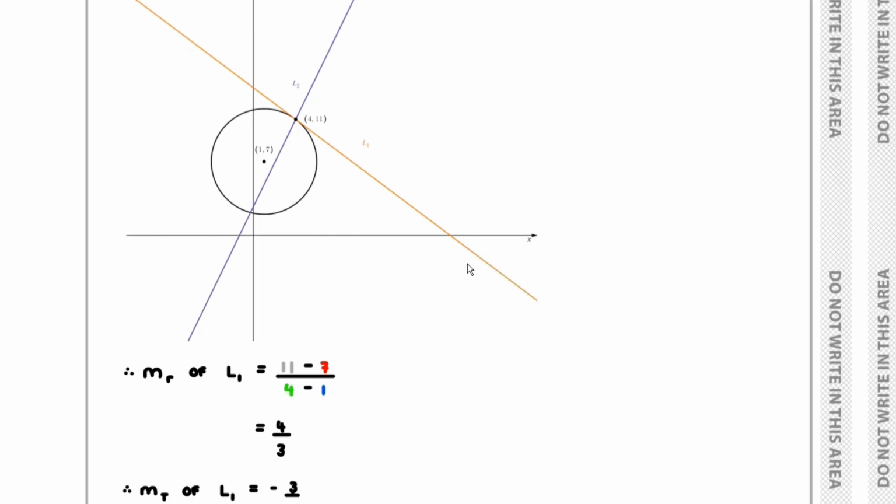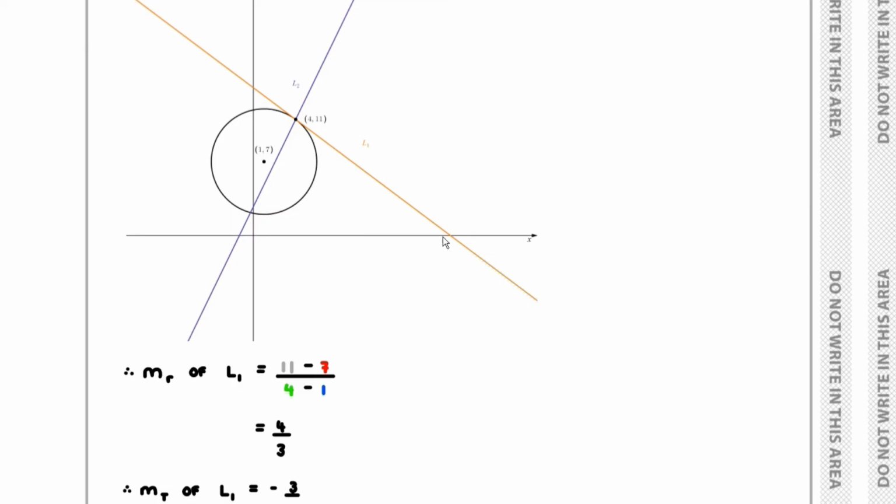We know the equation of L1 and we know the area of this triangle. Now, I can find out what this point is by finding the x coordinate when y is equal to 0 of equation L1. I know the height of the triangle, and if I find out what this point is, I can find the gradient of L2 and then the equation of L2.